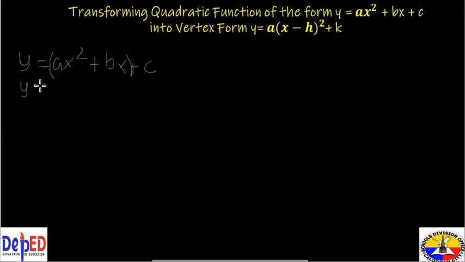So y equals, we take out a multiplied by ax squared divided by a is x squared, plus bx divided by a is b over a x.